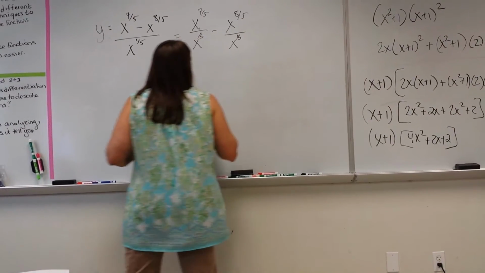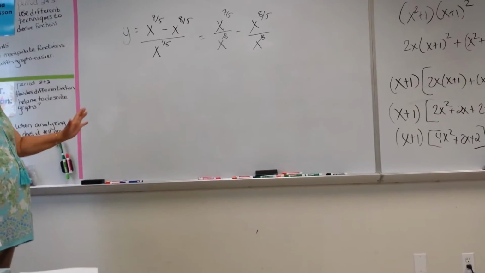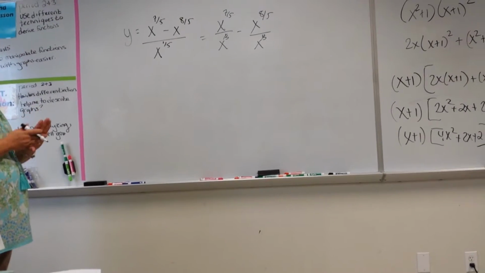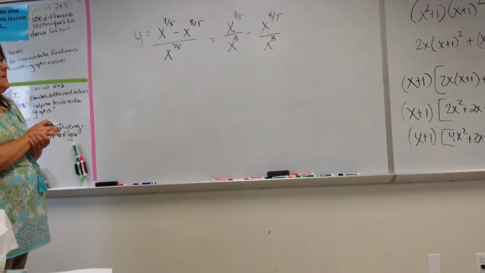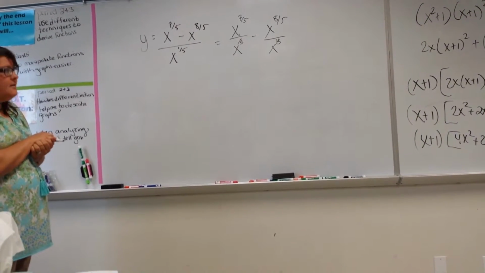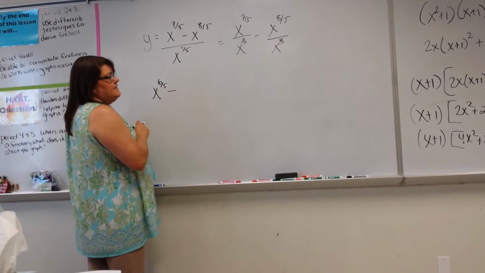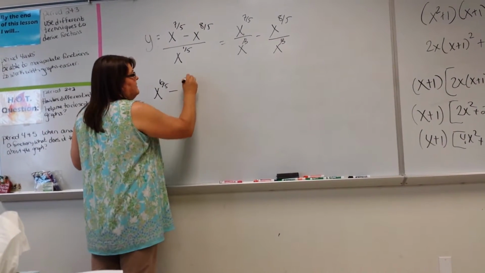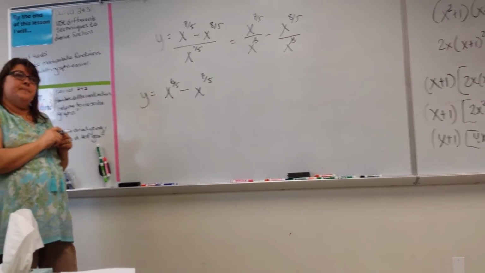When I divide, you see what I did? I didn't change anything, I just separated it into 2 fractions. When I divide same base, I do what with my exponents? Subtract them. So 7/5 minus 1/5 is 6/5. So I have x to the 6/5 minus x to the 7/5 minus 1/5. Now I can use the power rule to do this problem.